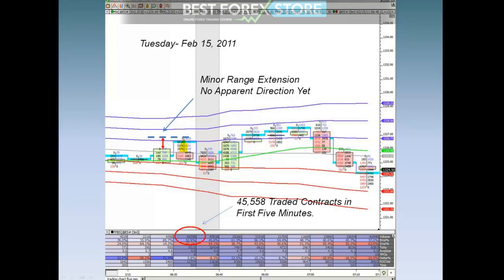Now take a look here. We extend on the next candle a little bit lower, but we don't move any higher. So this already tells me something about the market. Two things. One, the market in terms of volume is tending to push lower. But at the same time, I need to be cognizant that it is not pushing very hard towards the lower end of prices.